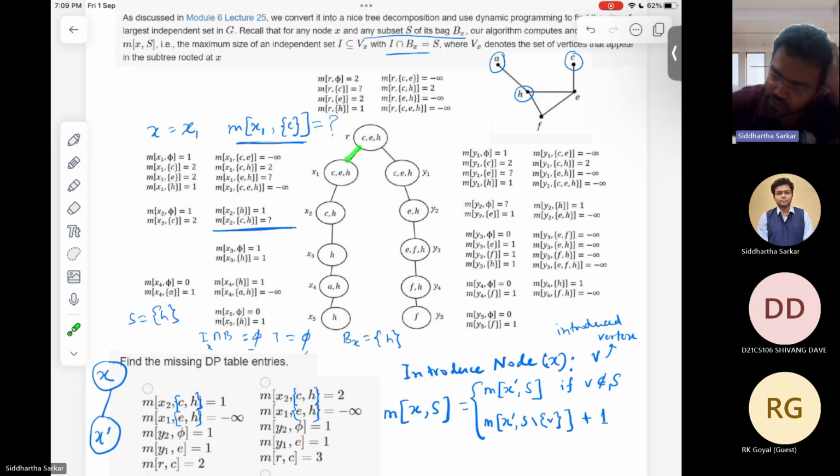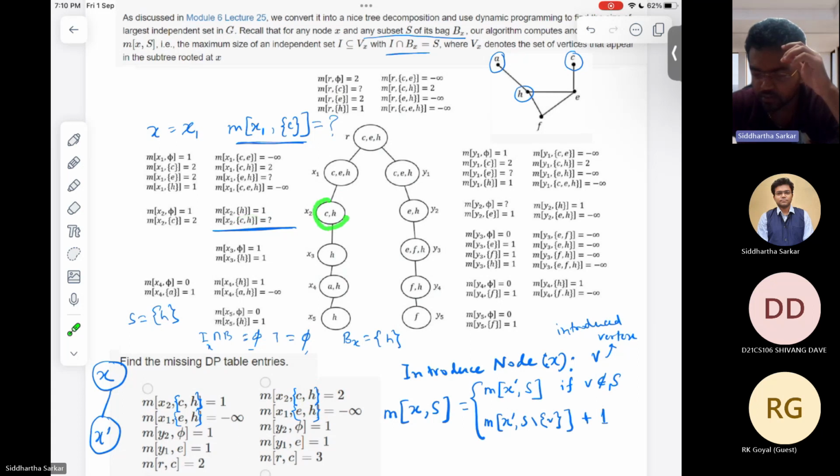Then we look at its child, and decide which of the recursion formulas will be applicable. Then we use one of the values of the table corresponding to the child. So in this case, we are interested in computing this entry. This is our node x2, and the S subset is c comma h.